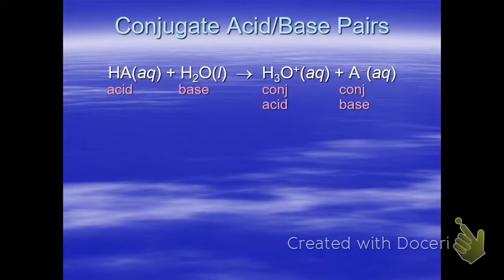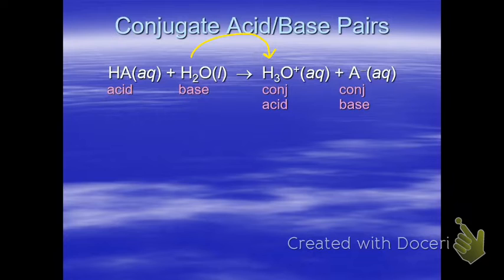Now, look at what's happening to water. It seems weird to label water as a base. I mean, water's so neutral. But look at it from left to right. Is H2O giving away a hydrogen? No, it's not.